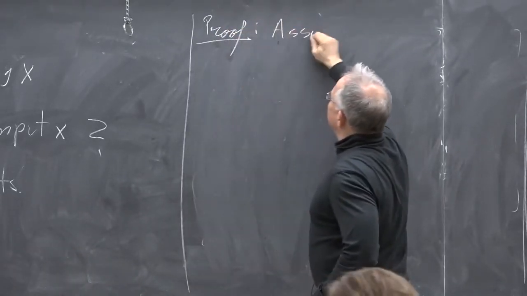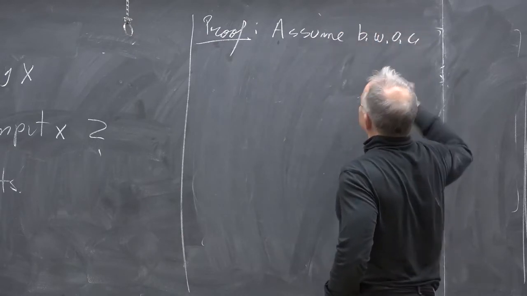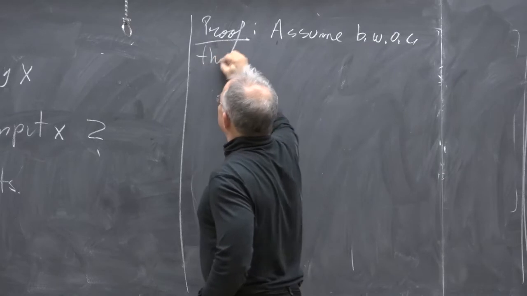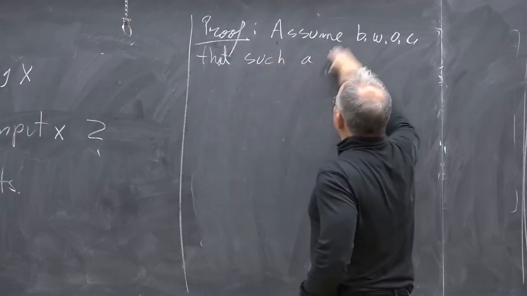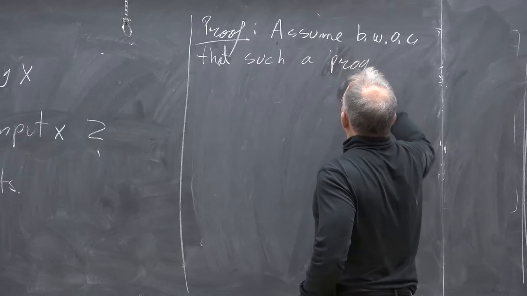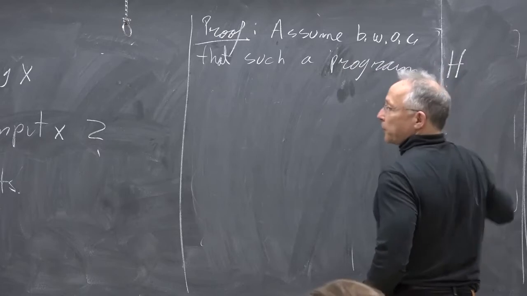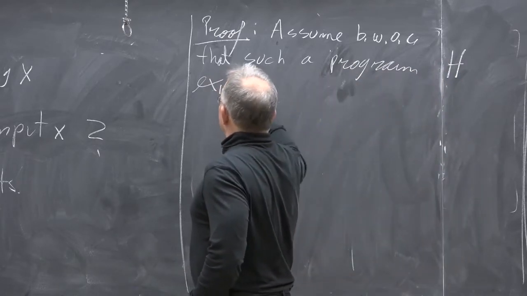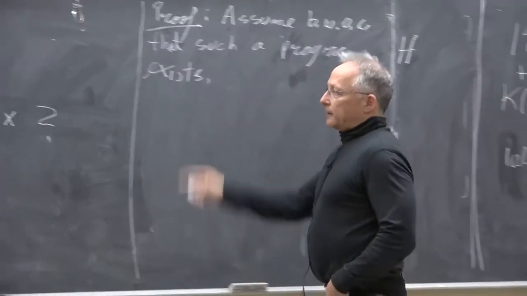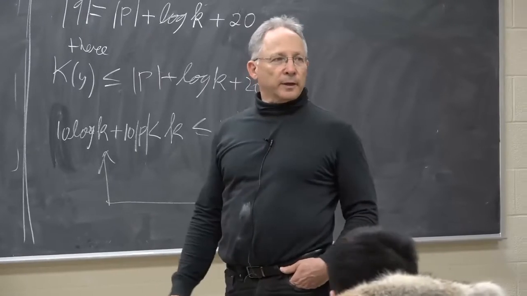Assume by way of contradiction that such a program, let's call it H because it solves the halting problem, exists. So our program now takes as input a pair X and P and tells you whether the program P will halt on X or not.